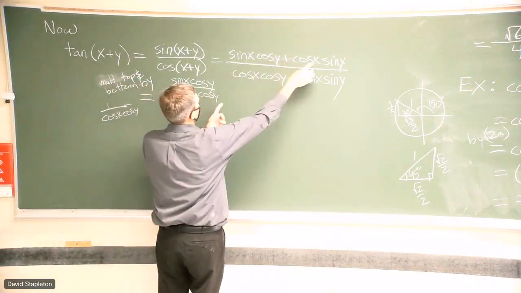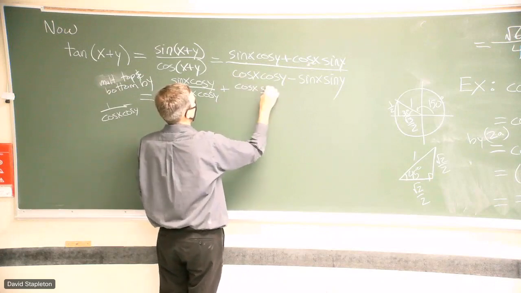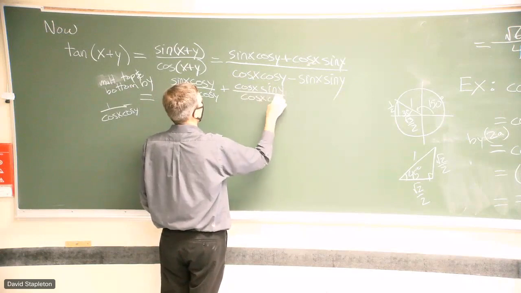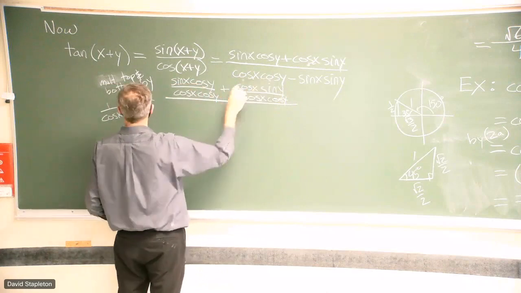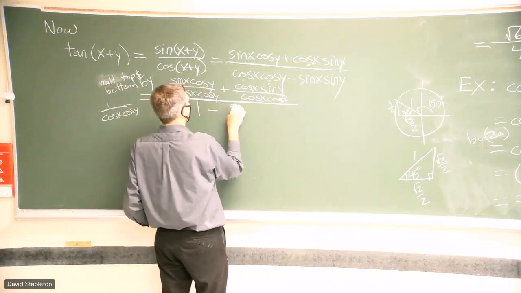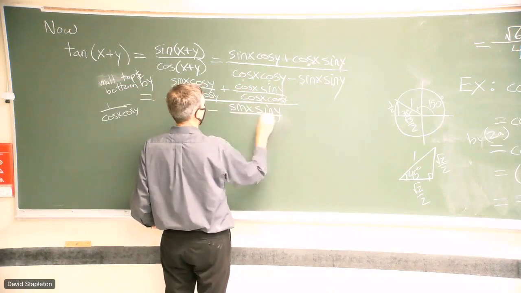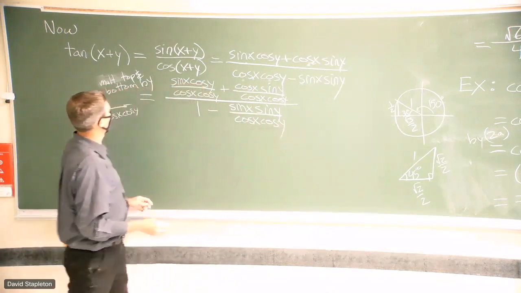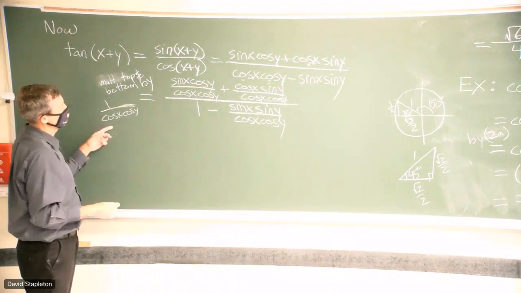This is divided by cosine, cosine, and so is this one, right? Cosine x, sine y, over cosine x, cosine y. And on the bottom, I divide cosine, cosine by cosine, cosine, I just get 1. And then this one becomes sine, sine over cosine, cosine. So divide top and bottom by the same thing, cosine x, cosine y, and literally multiply by 1 over.